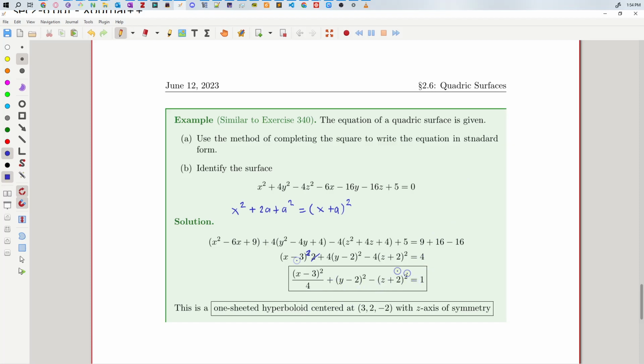Lastly, divide by 4 to get this side to be 1. A lot of the forms have 1 on one side. So when we do that, we get this form. The 4s cancel out quite nicely in those two terms. We still have a 4 there. That's fine. And so this looks like one of the hyperboloids.